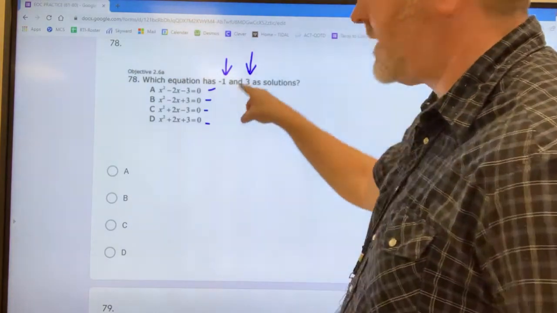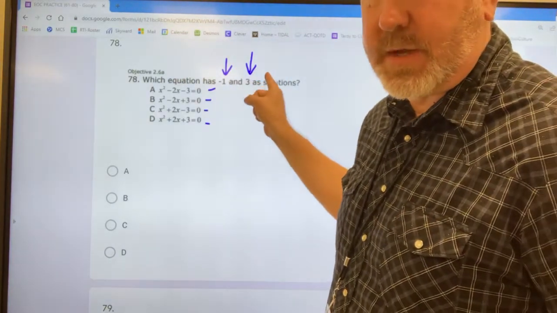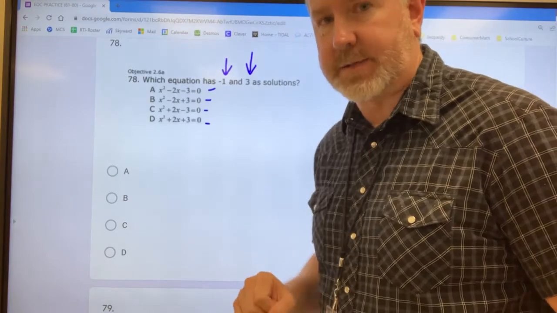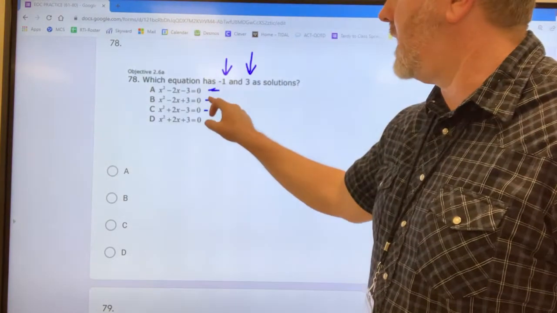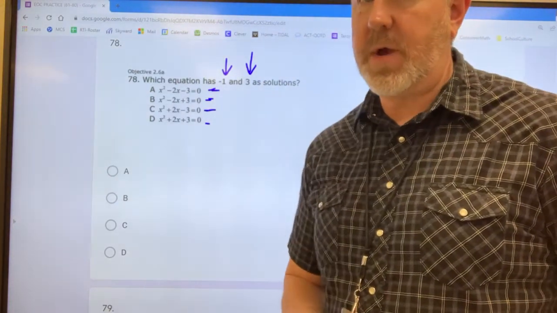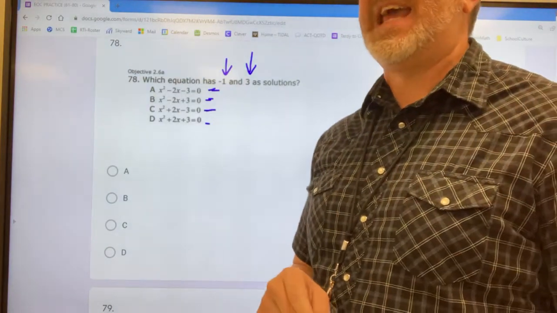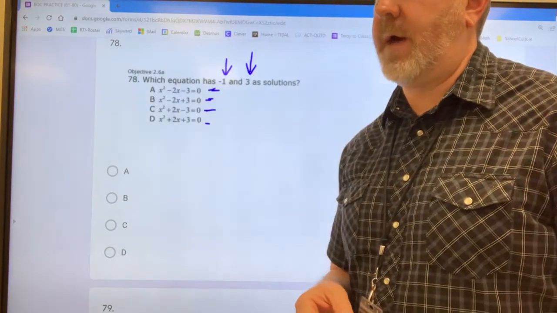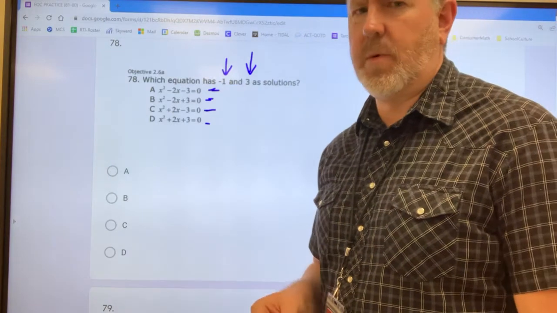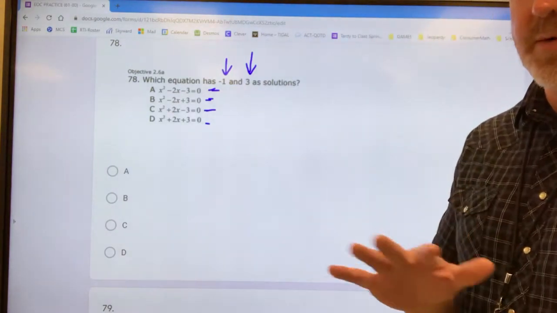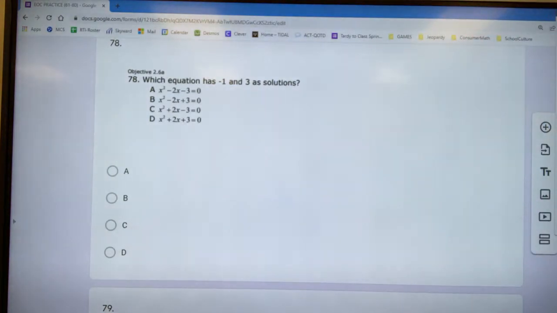Not positive 1 and negative 3, because the roots are where it passes through the x-axis. Or plug them all in and do the root finder. The root finder should be on your calculator. I would recommend taking your own calculator or borrowing one of ours, and we'll make sure the root finder's on it ahead of time so that we don't have that ACT issue like we did before. So this should be A.